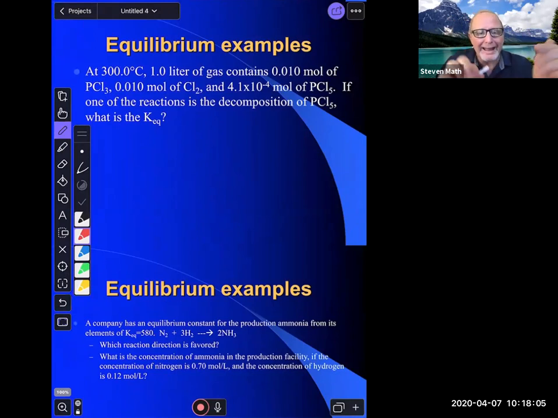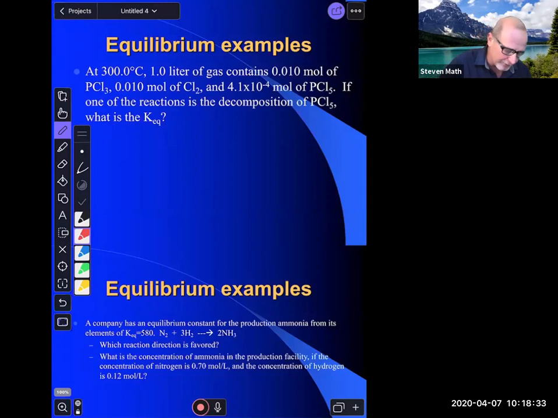No, but when we solve this problem and say the KEQ is 0.25, that's only 0.25 at 300 Celsius, not across the range of temperatures. KEQs are temperature dependent. They're reaction dependent. Every different reaction, every different condition has a different value of K.